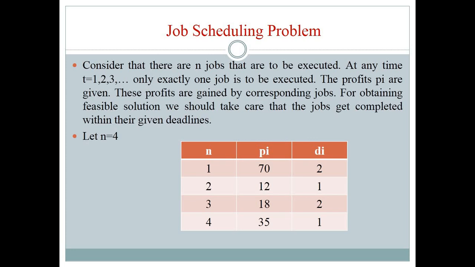Here in the example, we have 4 jobs. N is equal to 1, 2, 3, 4, means 4 jobs. Their profits are also given. Job 1 gives us profit 70. Job 2 gives us profit 12. Job 3 gives us profit 18. And job 4 gives us profit of 35.